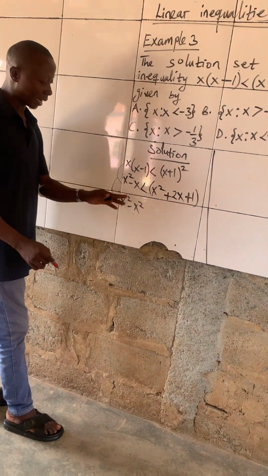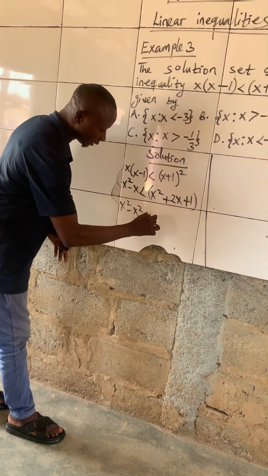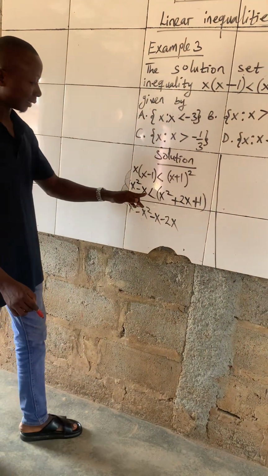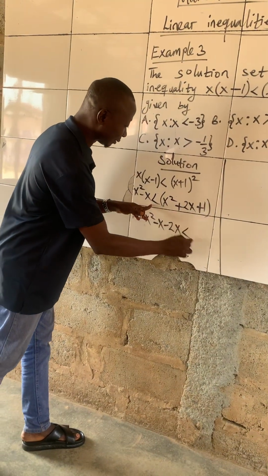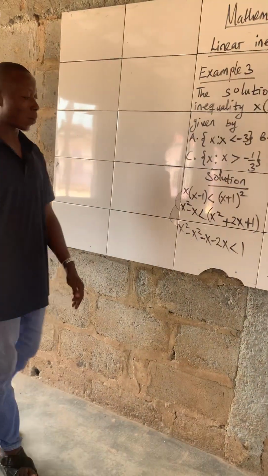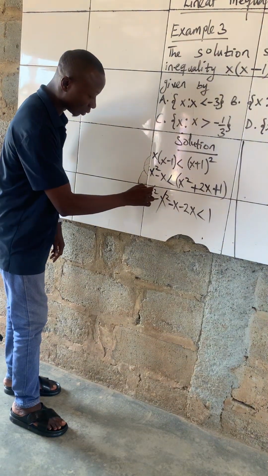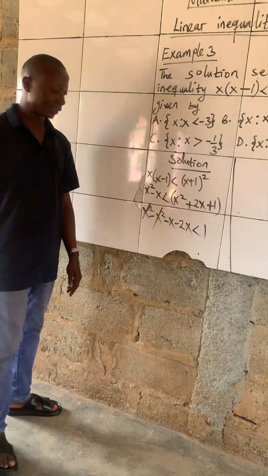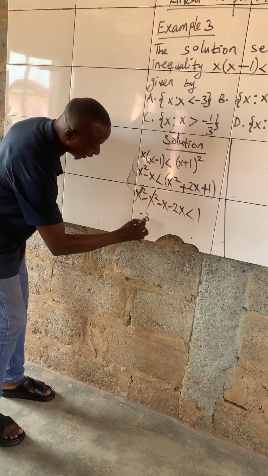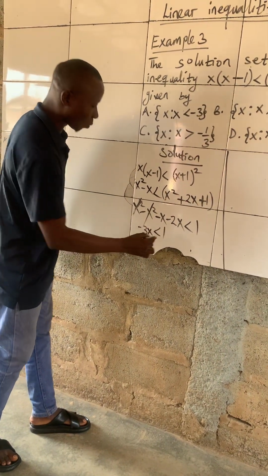Then minus x plus 2x to this side becomes minus 2x, minus x. The less than sign remains. So 1, less than 1. x squared minus x squared is 0, it will cancel out. So minus x minus 2x is minus 3x, less than 1.